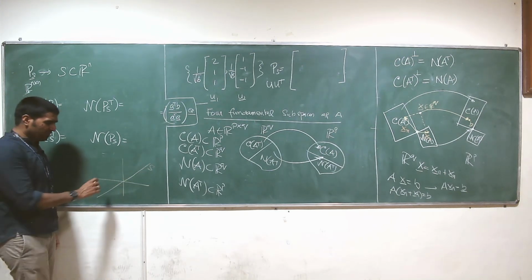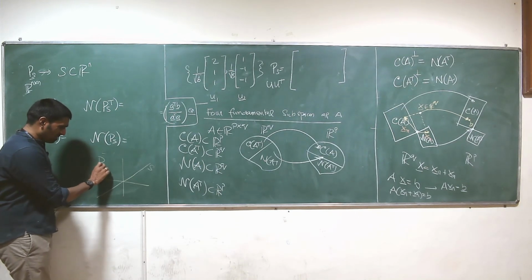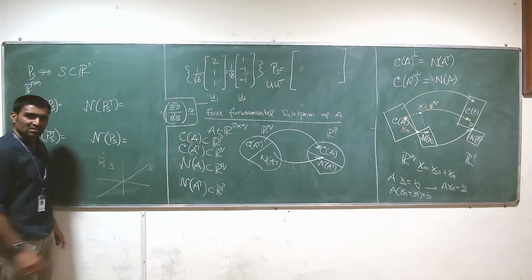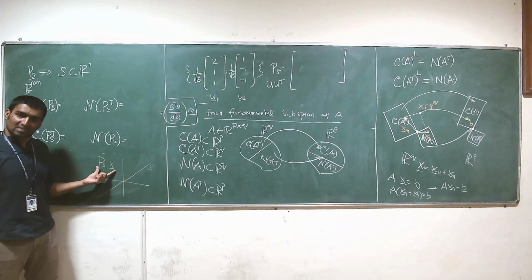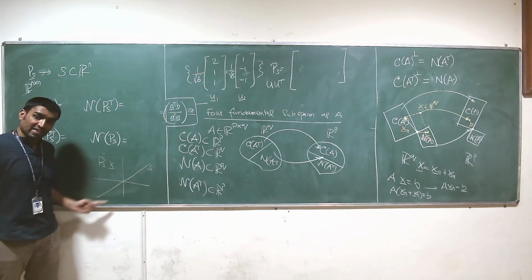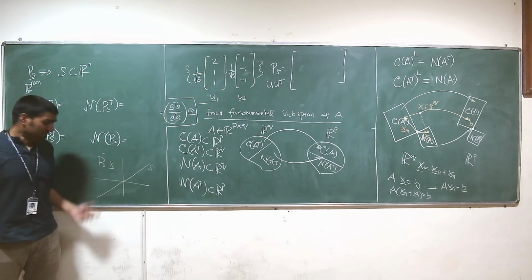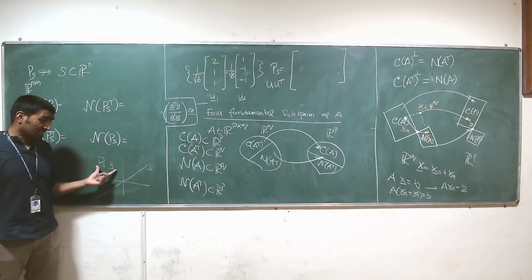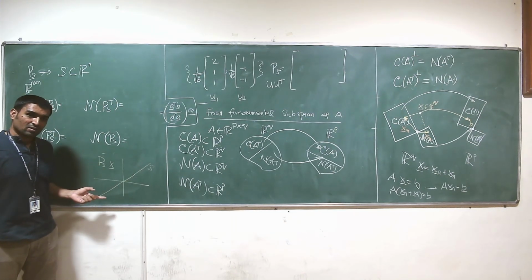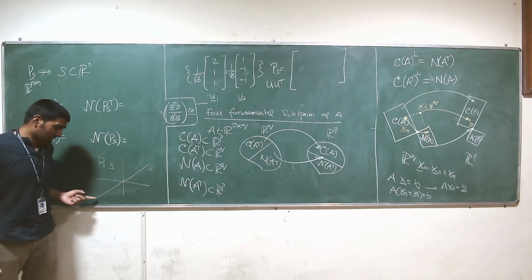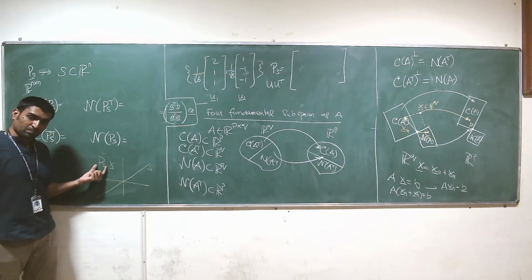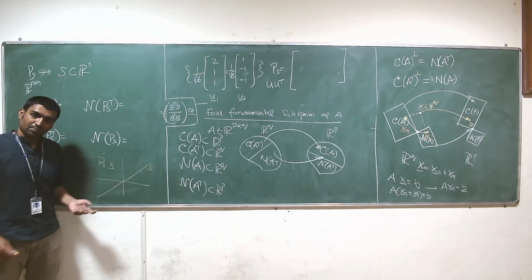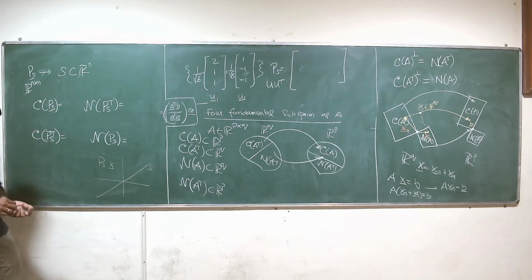That means if you do PS times some vector x, what always resulted was a vector in the subspace S. By doing this operation, the only vectors I can produce are the vectors from S. That means the column space of this matrix PS must be just this subspace. So in this case, it will simply be S.